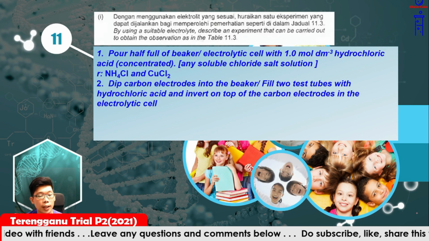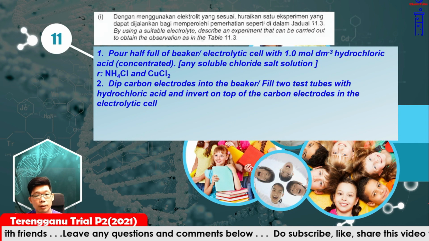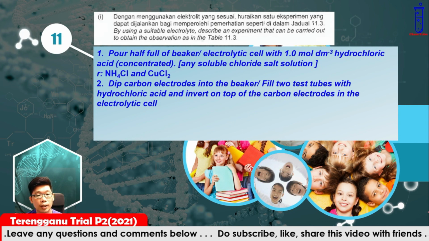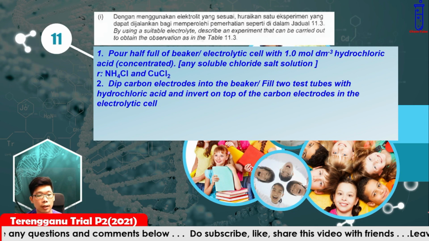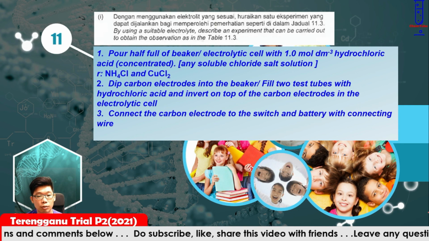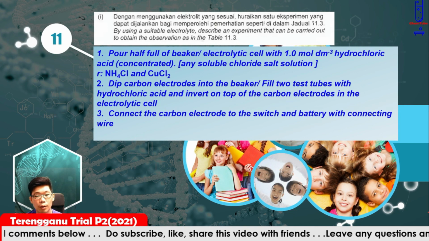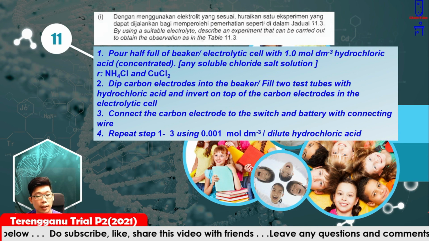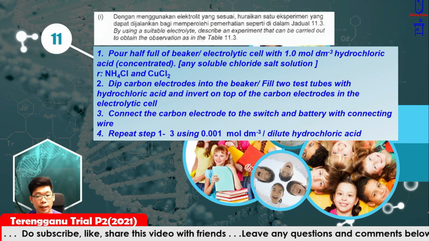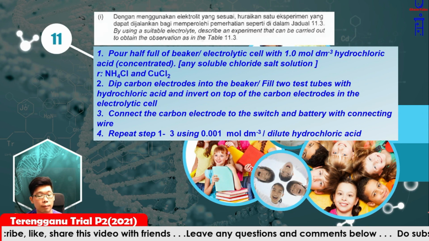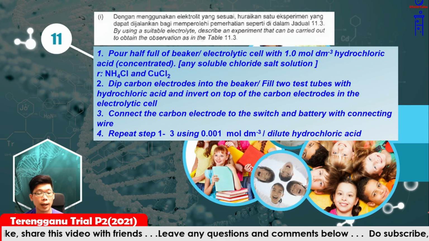Then dip the carbon electrodes into the beaker, or fill 2 test tubes with hydrochloric acid and invert them on top of the carbon electrodes in the electrolytic cell. Then connect the carbon electrodes to the switch and battery with the connecting wire, and repeat steps 1 to 3 using dilute hydrochloric acid, for example 0.001 mole per cubic decimeter.